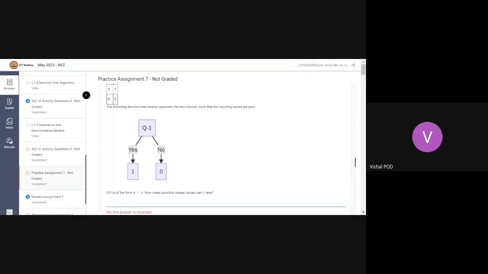I think the screen is frozen. Okay, maybe I can share the same question. So basically, what was that question? The following decision tree cleanly separates two classes such that. Okay, I'll try to share the screen.